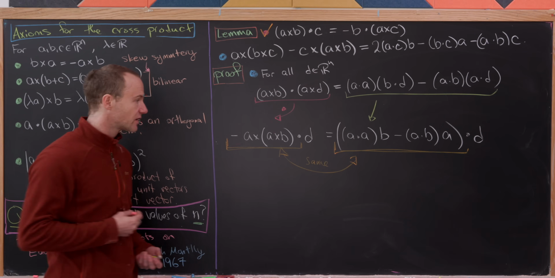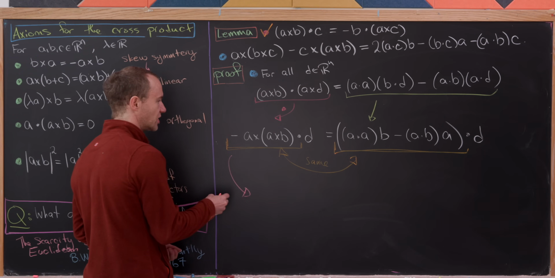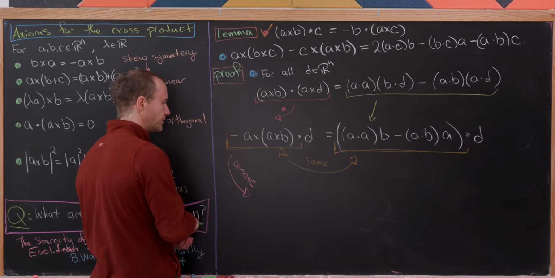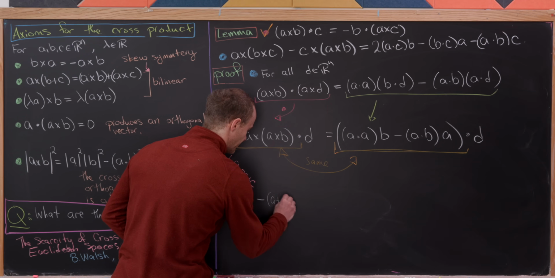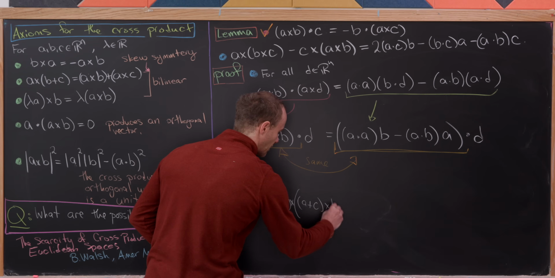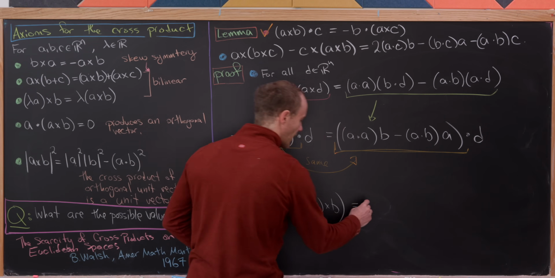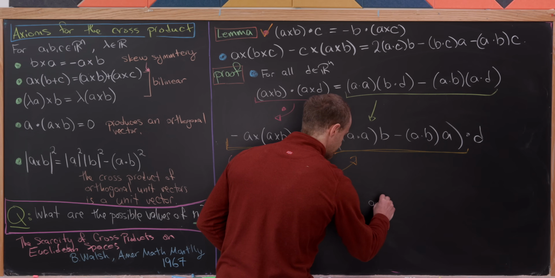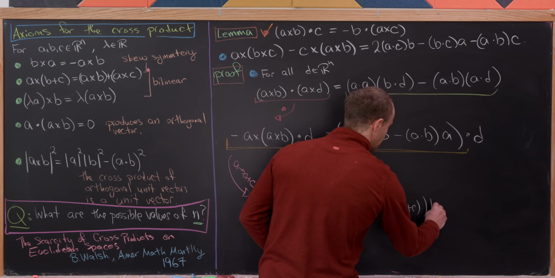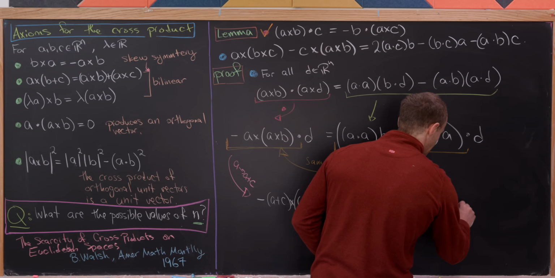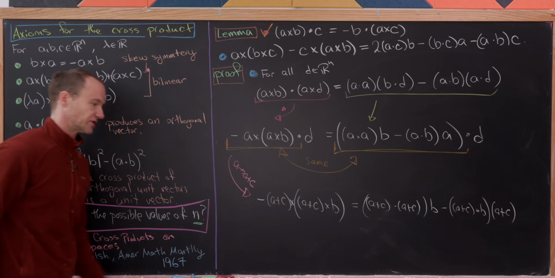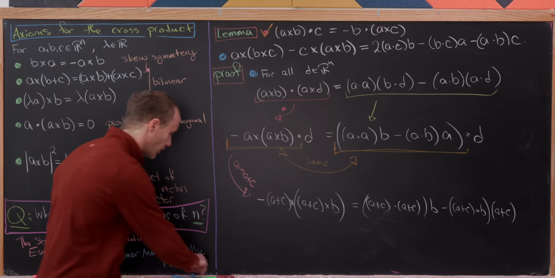But now the trick here is to take these two things that are orange underlined, which we know are the same, where A is replaced with A plus C. Okay, so putting that in, we'll have negative, we have the vector A plus C, and that's going to be crossed into the vector A plus C, which has been crossed into B. And then over here on the right, we'll have A plus C dotted into itself, and then that's in the B direction, and then we subtract from that A plus C dotted into B, and that's in the A plus C direction. And now we're at the point where you repeat what we did before.